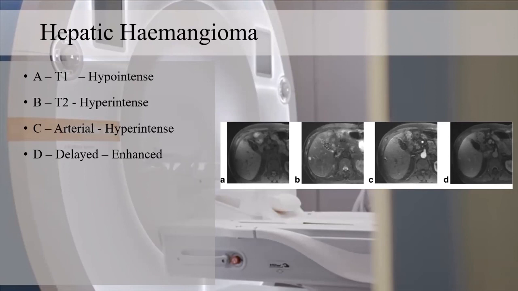Now we are moving to the next, the arterial phase. The arterial phase shows no enhancement. So in the lesion you can see there is no enhancement, but there is some peripheral enhancement. So the main characteristic of this hepatic hemangioma is that there won't be early enhancement in the arterial phase.